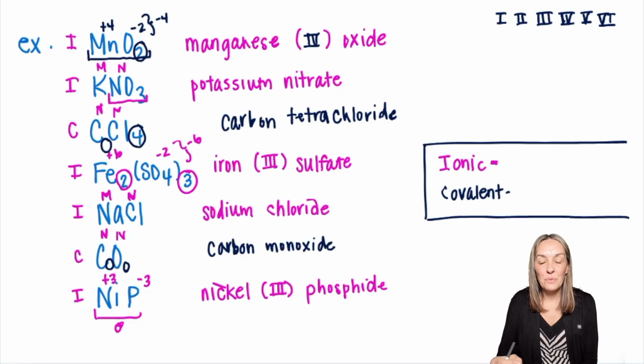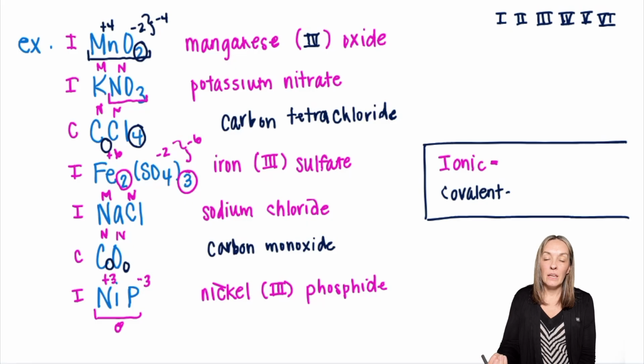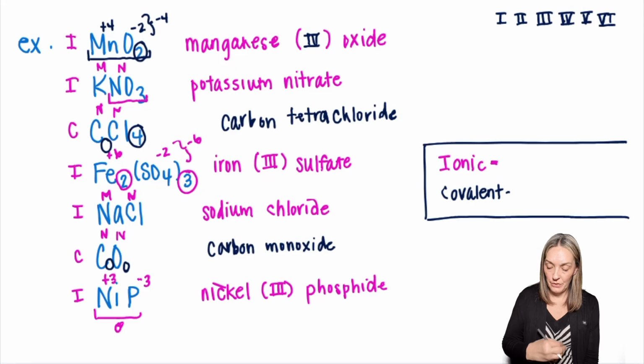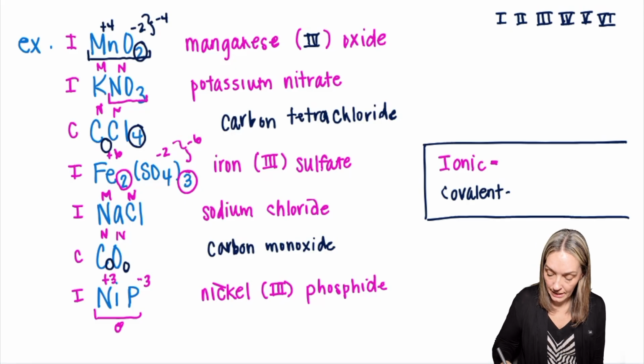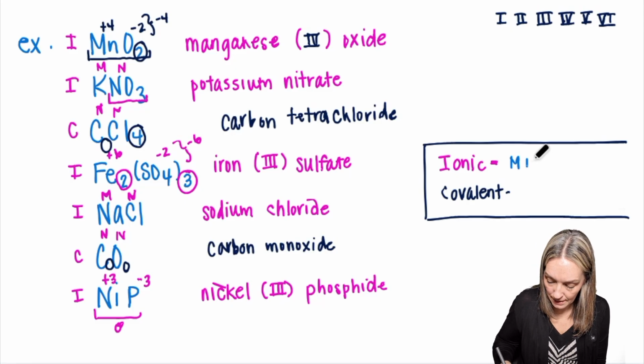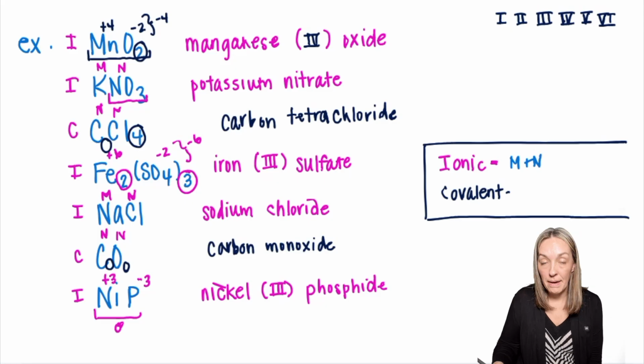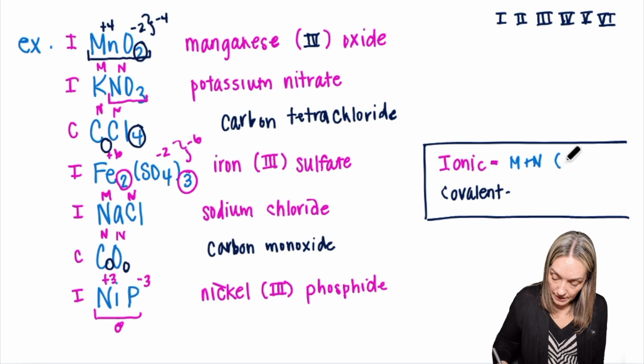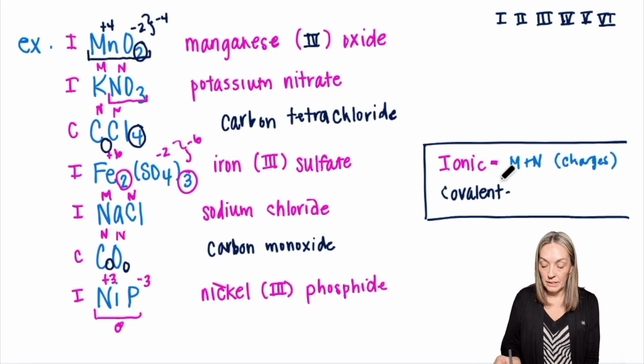All right, let's do a really quick recap here in order to help differentiate between our ionic rules and our covalent rules. If we have an ionic compound, we are going to know it's an ionic compound because it contains a metal and a nonmetal. If you have an ionic compound, you will need to worry about the charges of your metal and nonmetal, and remember that the overall charge of the compound must always add up to 0.